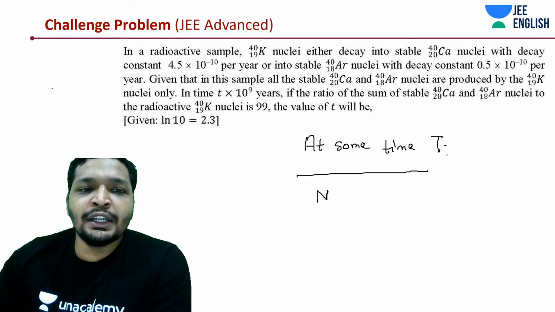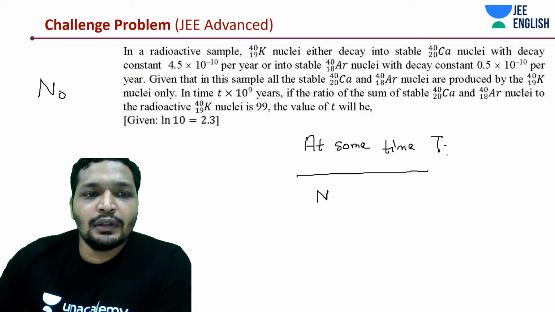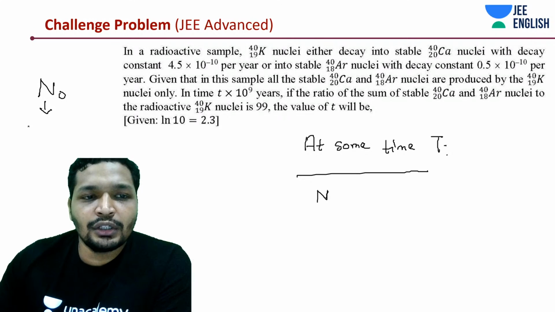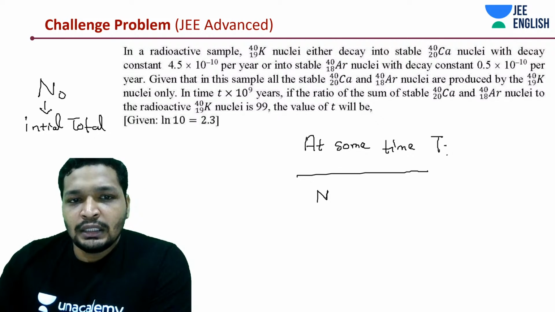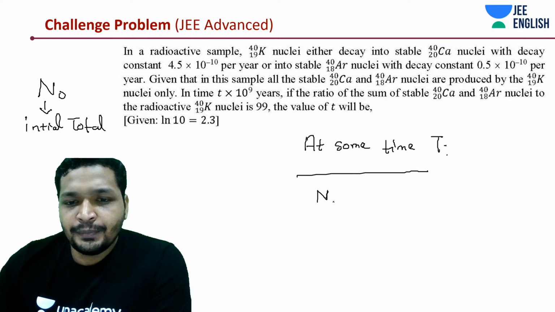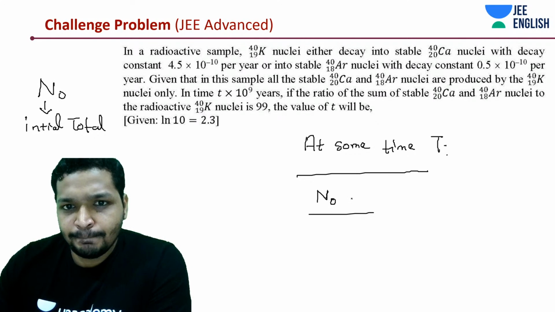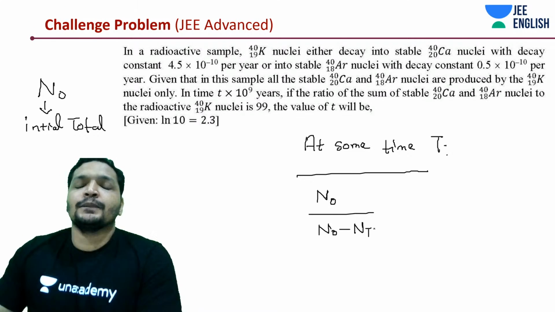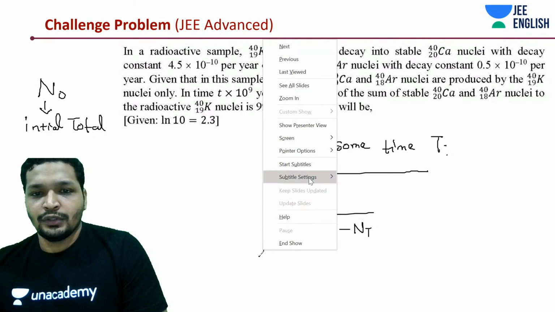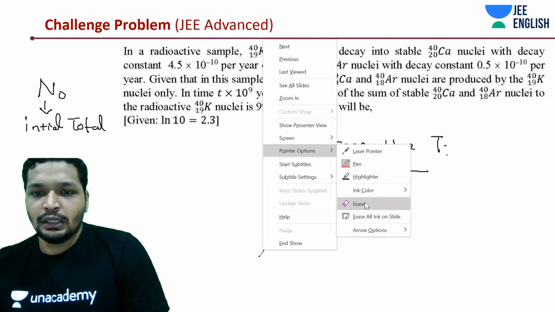If initially N0 is the total initial, whatever you like to call it, and this is N0 divided by NT.